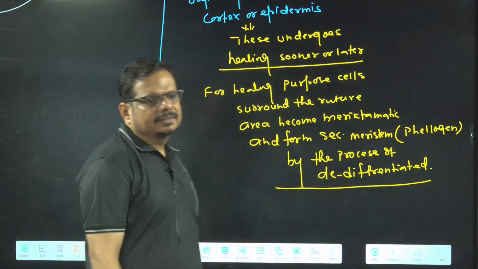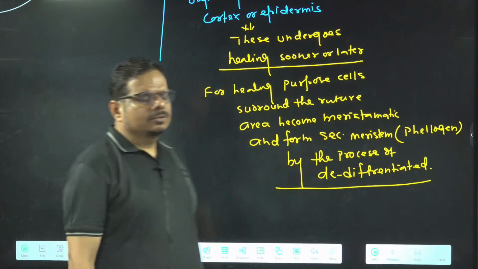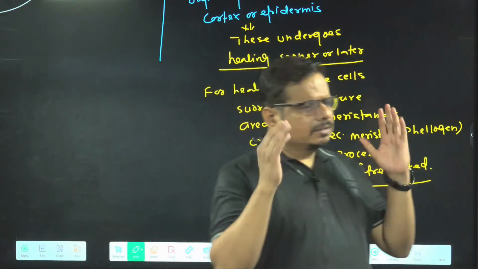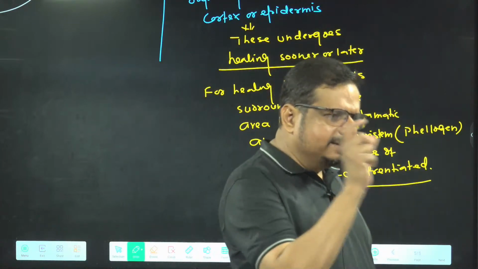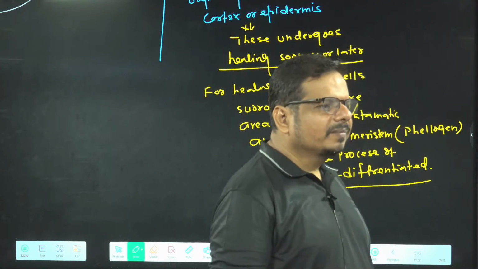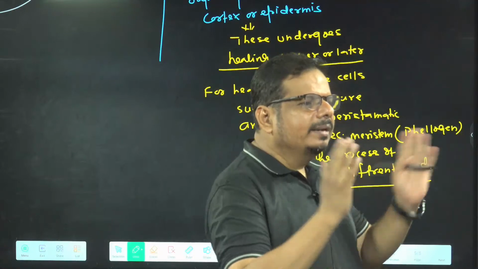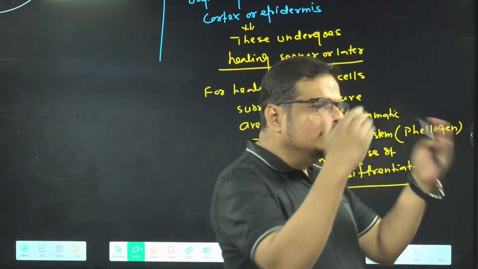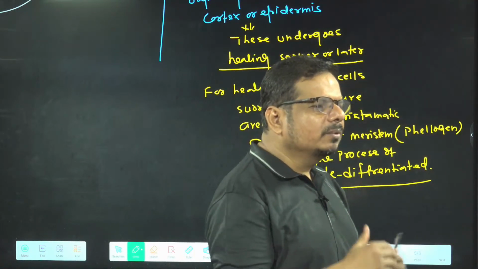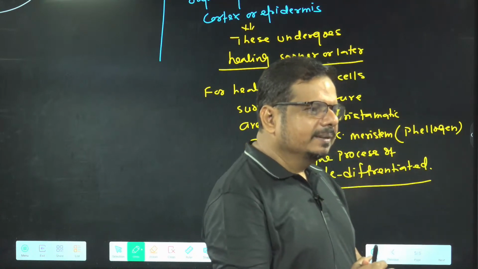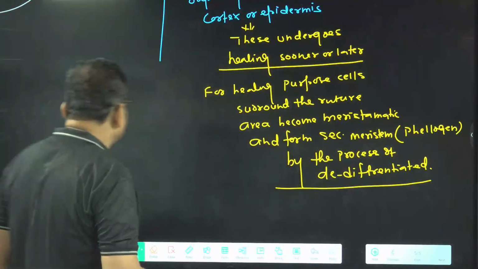Okay, clear? So secondary meristem forms. The reason you also got why it is forming: healing purpose. Why does rupturing occur? Due to additional pressure. By which process does secondary meristem form? By the process of de-differentiation. Got the idea?